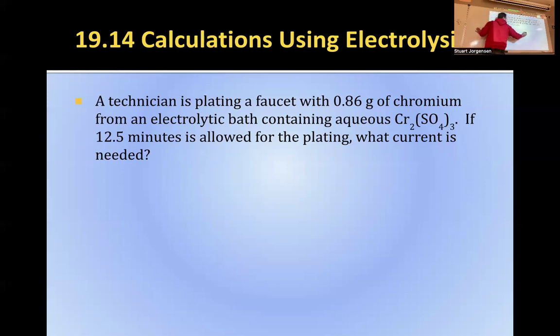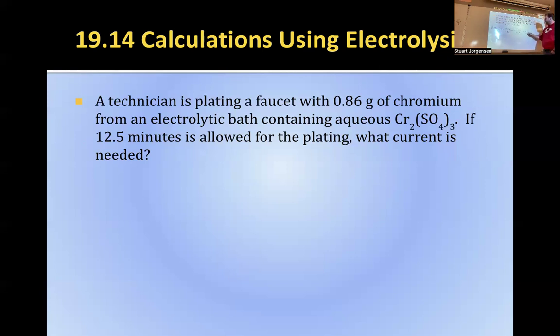This is fun because we know that for every 2 moles of chromium we make, it takes 6 moles of electrons, which is going to reduce to what? 3, yeah. That's fun. It doesn't matter.